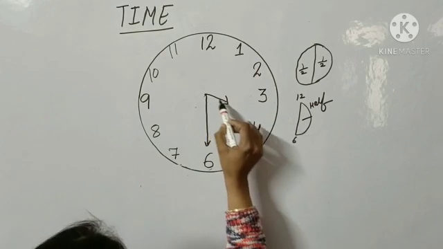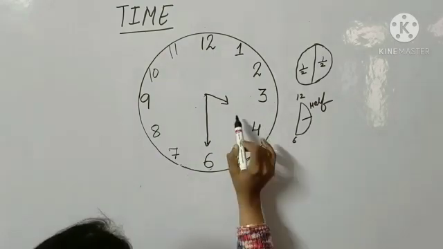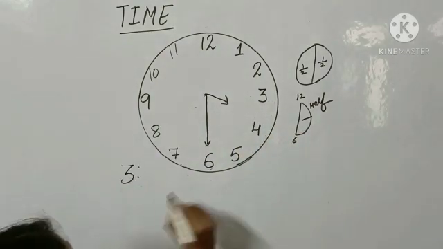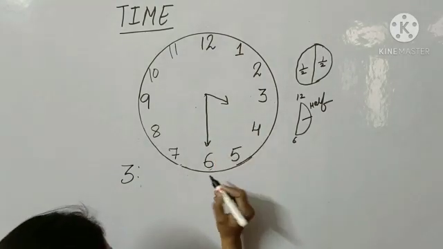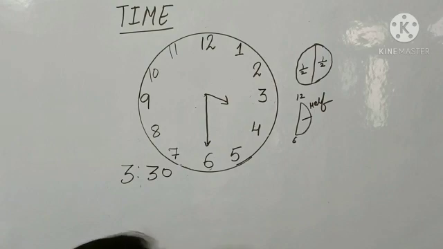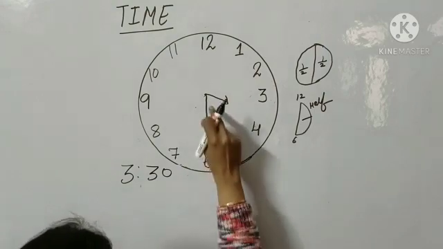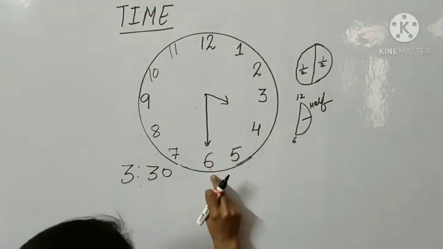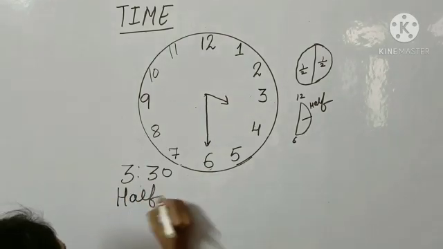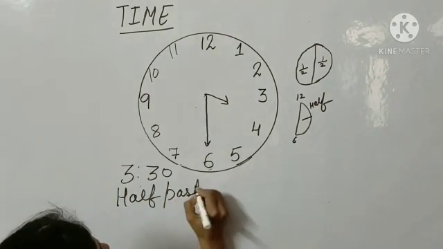It is somewhere between 3 and 4, so I will be considering it at 3. So time will be 3. Again the minute hand is at 6, so 6 fives are 30. So time is 3:30. And just now I told you, when the minute hand is at 6, you can write half past what? 3.